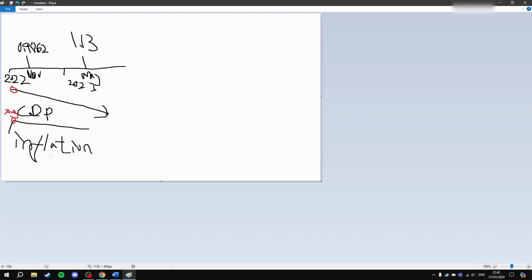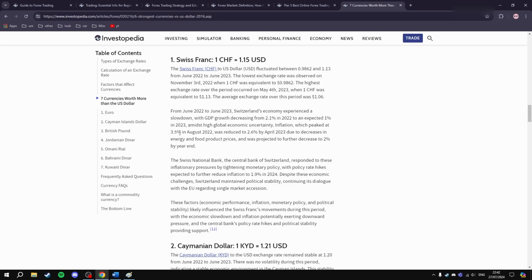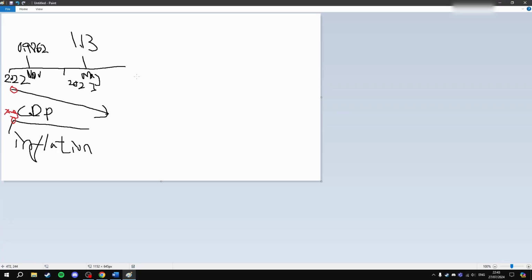Inflation is still high, I think. I'm assuming it's going to be a high number, that causes the CHF to weaken against the USD, because investors aren't attracted to the currency because of the high inflation rates and the decrease in GDP.